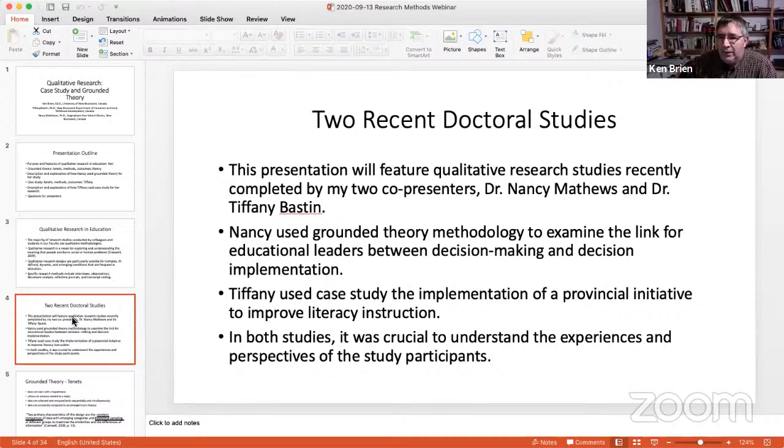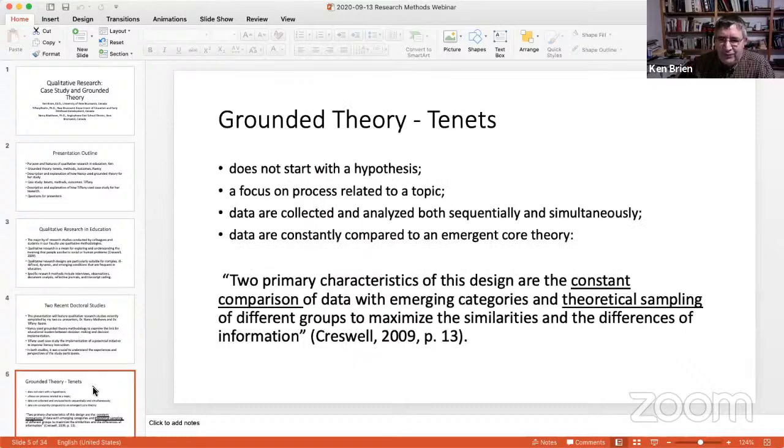Nancy's study looked at decision-making and the link between decision-making and decision implementation. And Tiffany used case study to look at the implementation of a provincial initiative to improve literacy instruction. In both cases, what was really important was for them to understand the experiences and perspectives of the study participants. Okay, now Nancy, it's your turn.